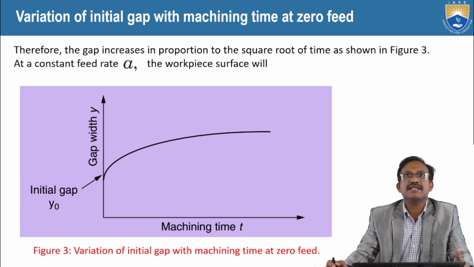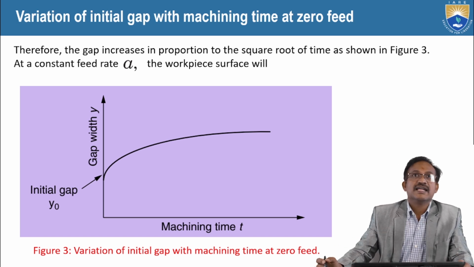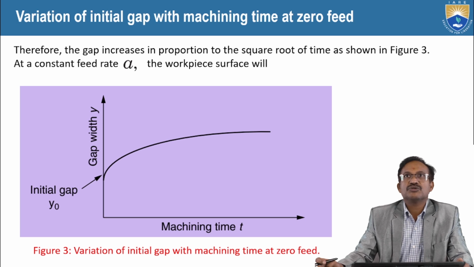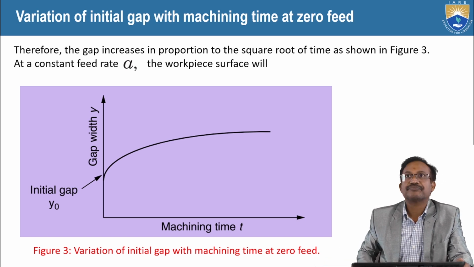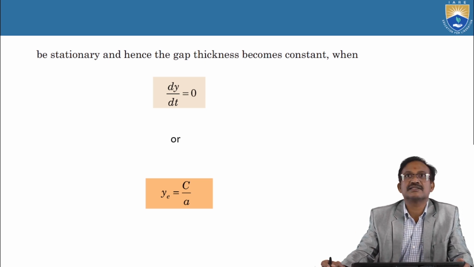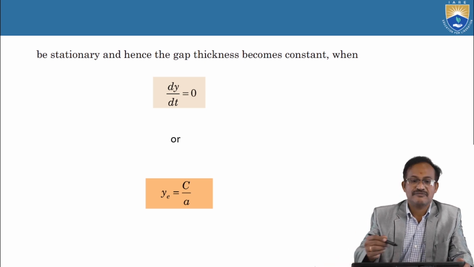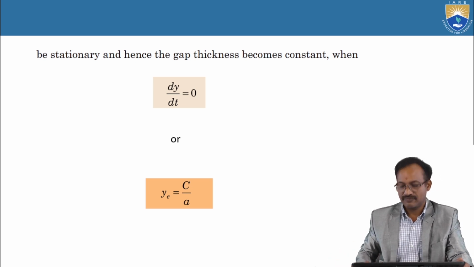Variation of initial gap with machining time at 0 feed. Therefore, the gap increases in proportion to the square root of the time as shown in figure 3. At a constant feed rate a, the workpiece surface will be stationary and hence the gap thickness becomes constant when dy by dt equal to 0 or y equal to c by a.